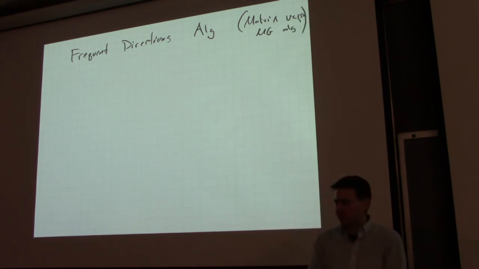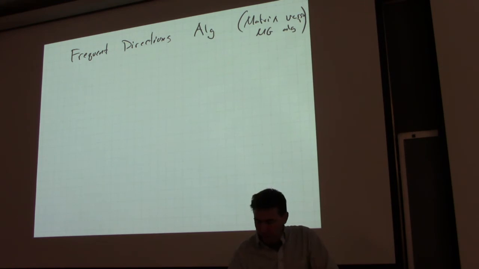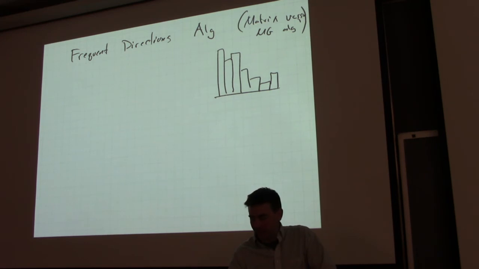Remember the frequent items thing? I had a bunch of these counters, right? And if I saw a new item, either I could just add it onto a counter, or if it was a new item, then I removed one from each of the counters.